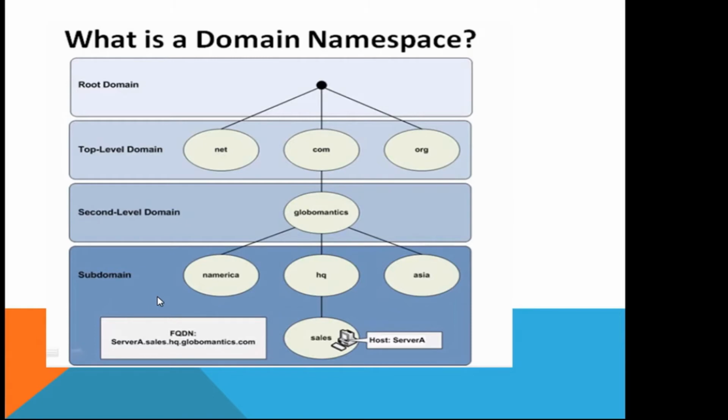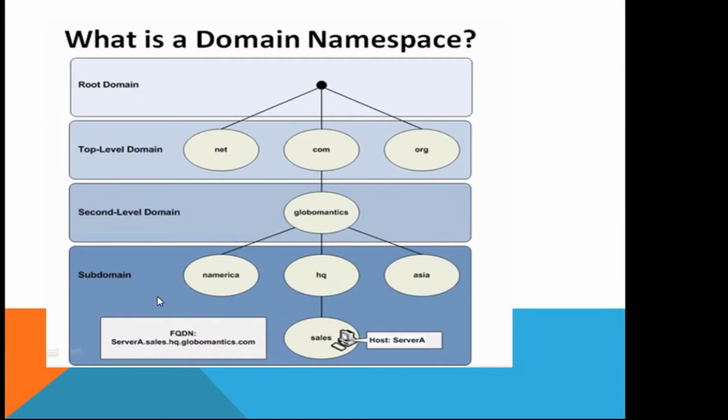Now the same here: .com is used for commercial organizations, .org is used for organization units, .edu is used for educational organization units, and many more. It depends on what type of structure your environment has. So these are the top level domains.